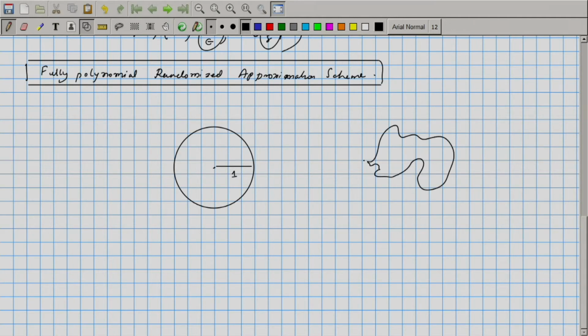How do we estimate the area? There is a technique called Monte Carlo simulation. Okay, what is the basic idea? Fit the circle inside a square. So, this is a square of side 2 centimeters.